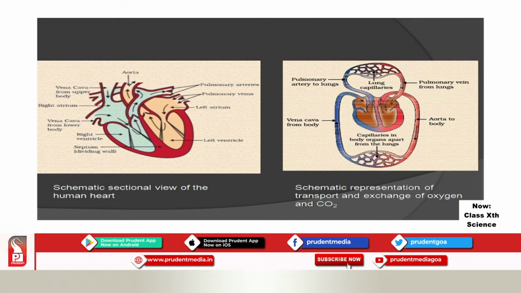So, through the walls of capillaries this takes place. Oxygen is passed to the cells through the walls of capillaries, and carbon dioxide again passes from the cell to the capillaries through the walls of the capillaries.